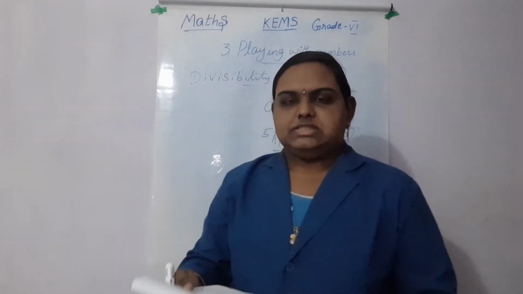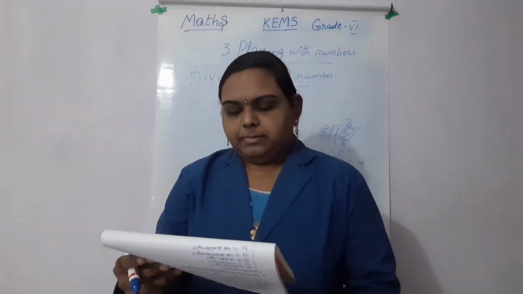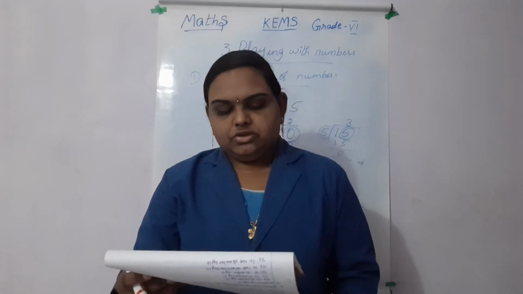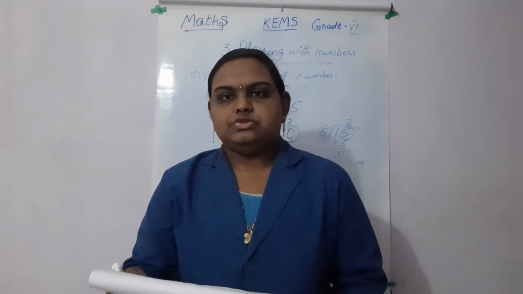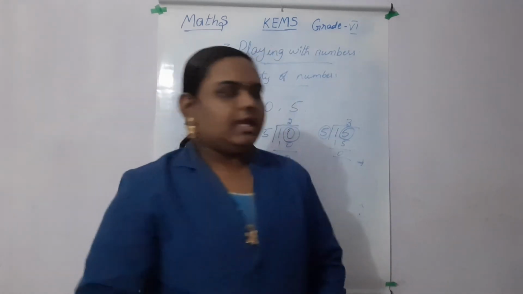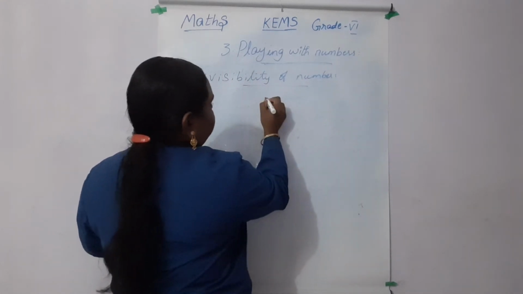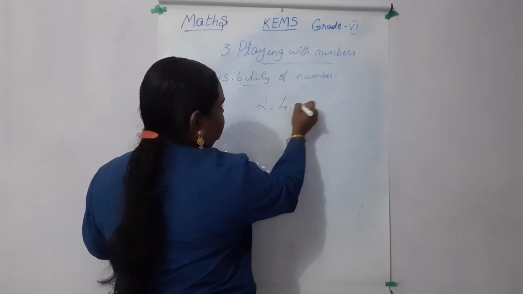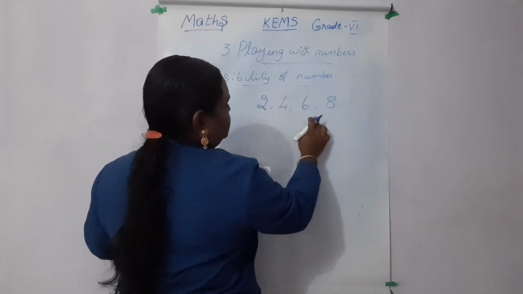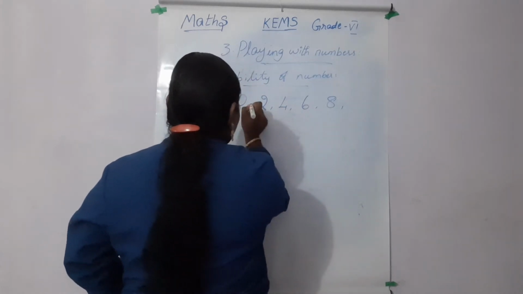Okay. The next one. Divisibility of 2: a number is divisible by 2 if it has any of the digits 0, 2, 4, 6 and 8 in the ones place. 2, 4, 6, 8 and also 0.